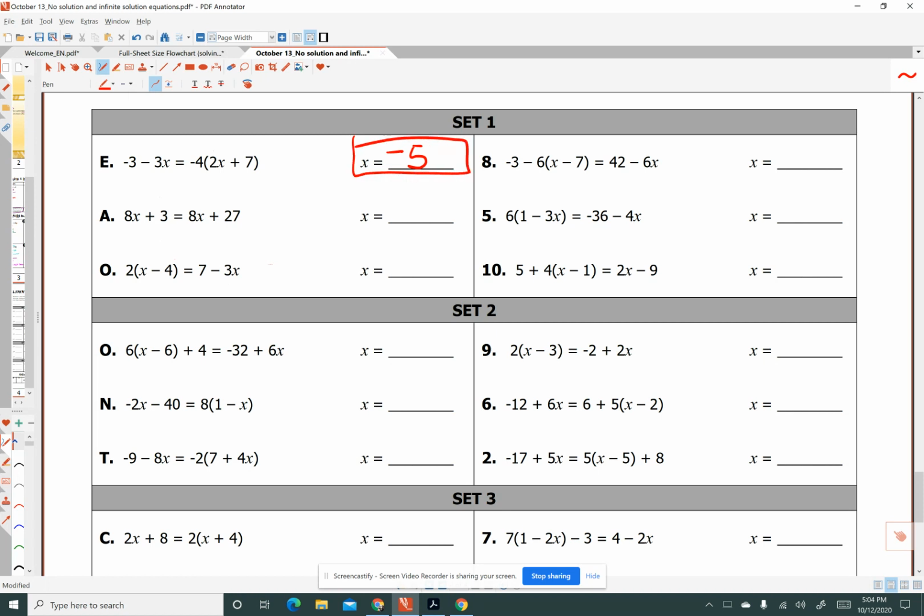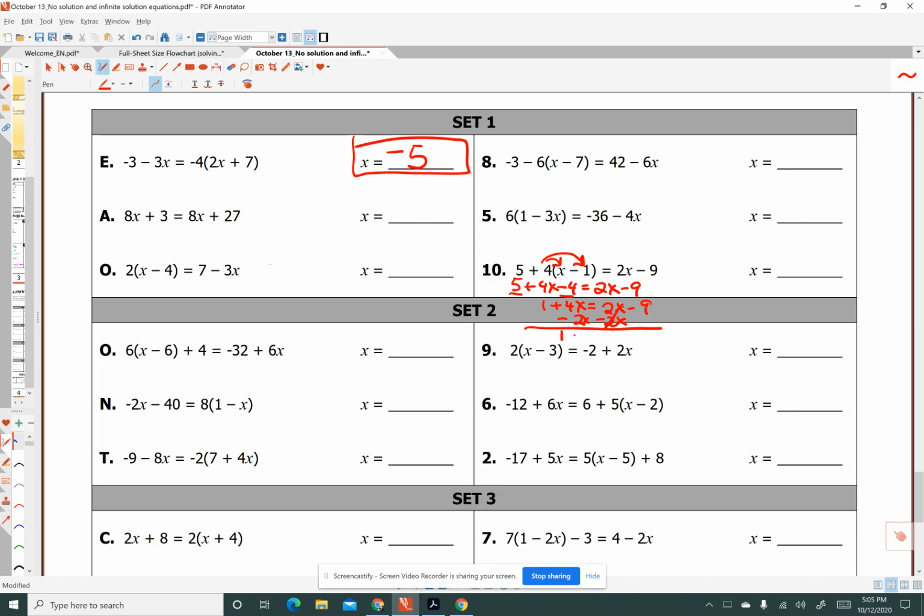So I'm going to try this third problem. First, I need to distribute. So 5 plus 4x minus 4 equals 2x minus 9. I will combine like terms here. So 5 minus 4 is 1 plus 4x equals 2x minus 9. I just combined the 5 minus 4. Okay, I'm going to subtract 2x from both sides.